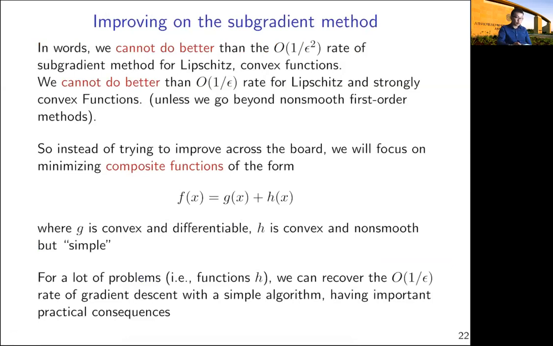Since Nesterov has famously shown that we cannot do better than the 1 over epsilon squared rate for the family of Lipschitz convex functions, we have to somehow change the setting a little bit and consider a family of problems that are a subset of these functions, but maybe those optimization problems would admit a faster rate. So a specific type of this function is called a composite function. These are also constructed by Nesterov.